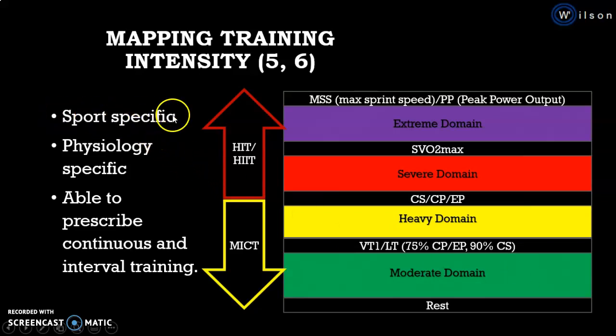So what's really cool about this is that it's sport specific, because remember, we can test these athletes in almost any type of modality, whether that be rowing, ski ergometry, running, swimming, cycling, you name it. It's also physiologically specific.